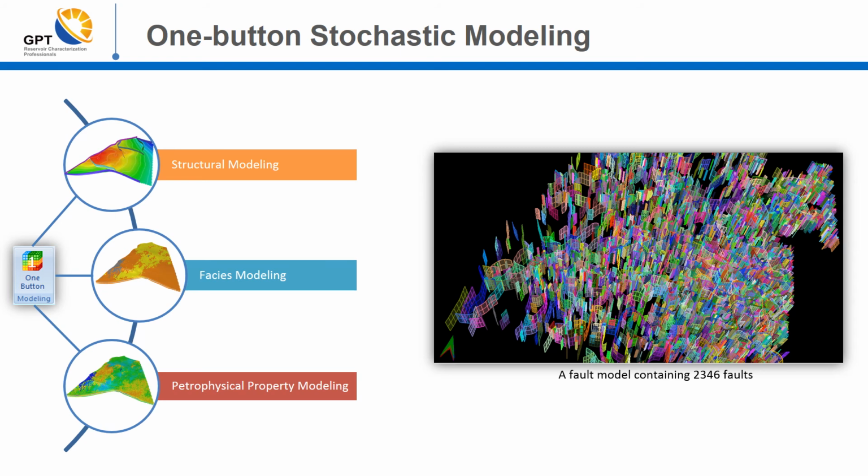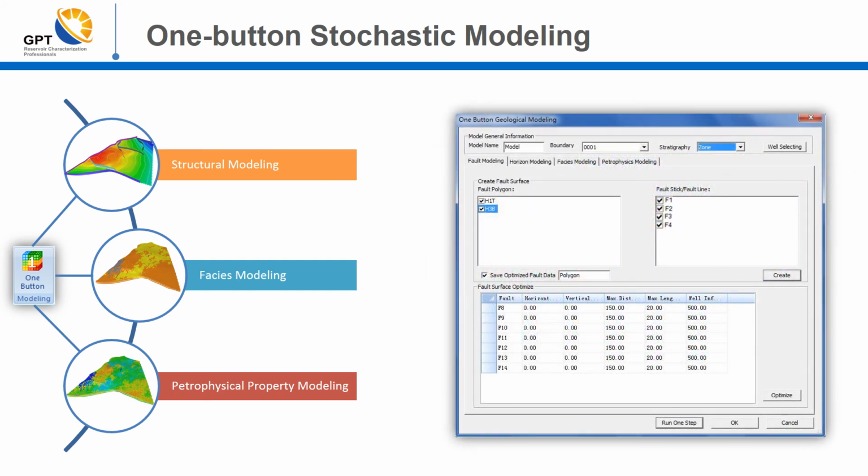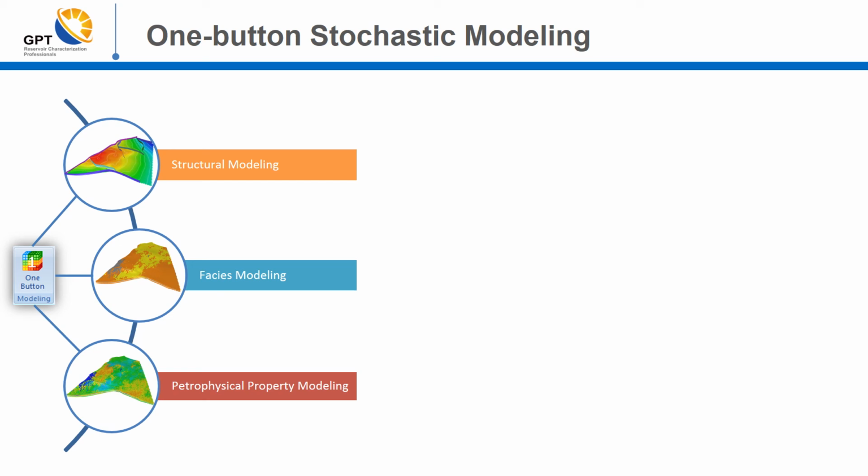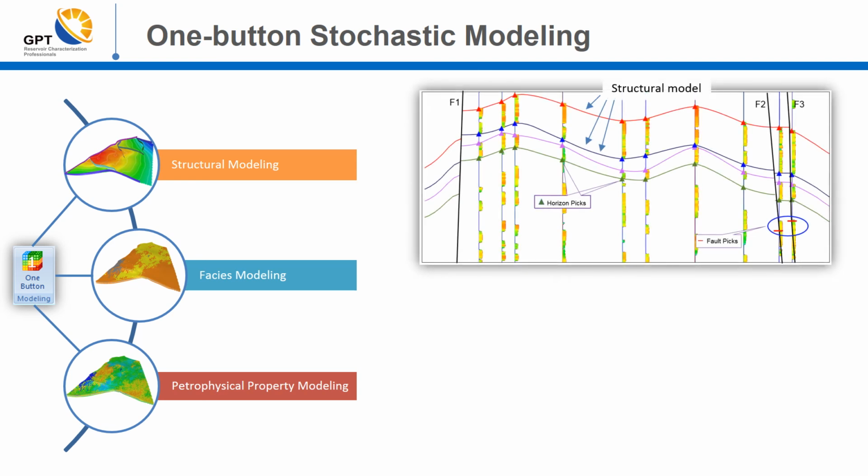On this interface, if you click Run one step, intermediate data will be saved. But if you click these two buttons, all intermediate data will be saved in data tree so that you can QC your data. And of course, being quick is not enough. The result has to be reliable. Here is a comparison between modeling result and well picks.